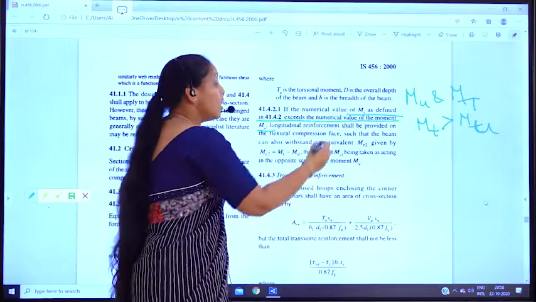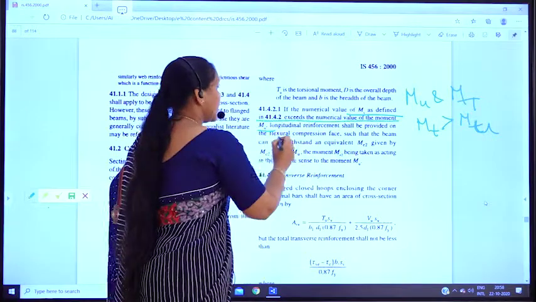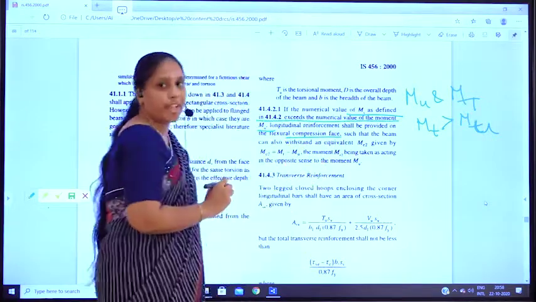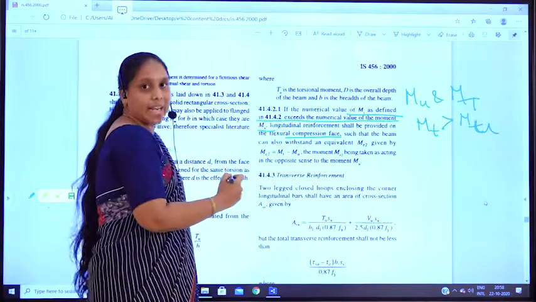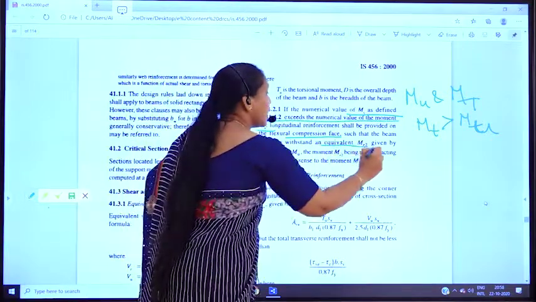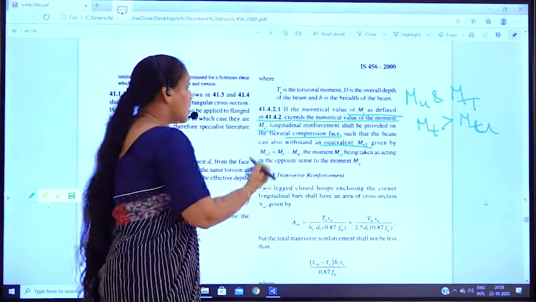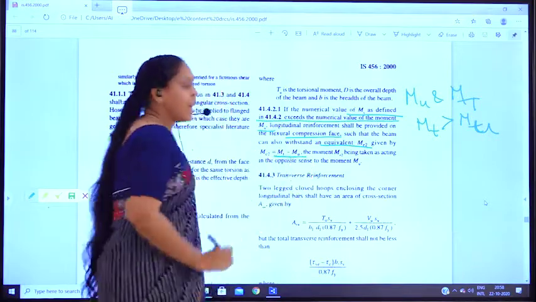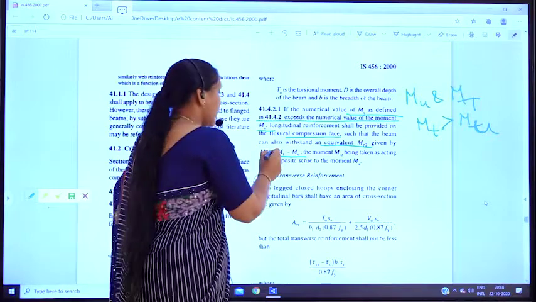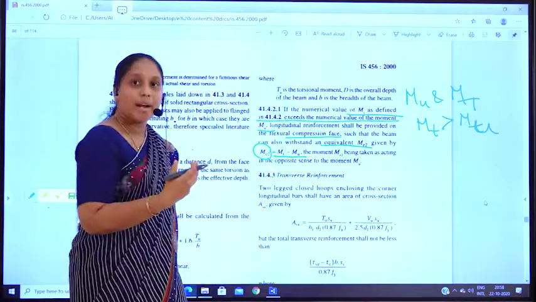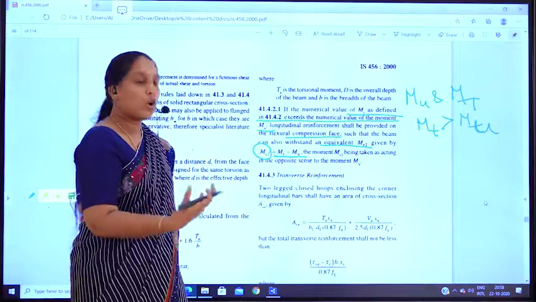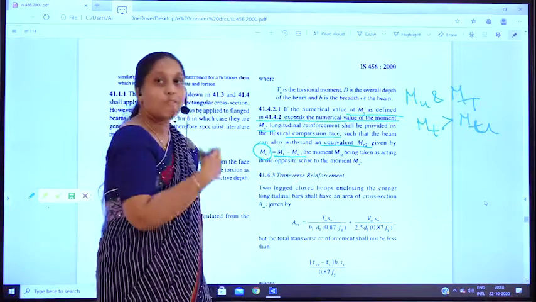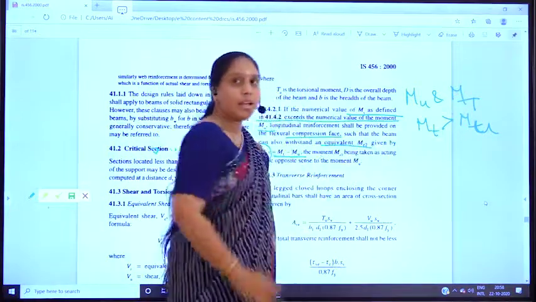We have to provide the reinforcement in the compression phase also, so that it can withstand an equivalent moment of ME2, which can be calculated by MT minus MU. So for this particular moment, we have to provide the additional reinforcement in the compression zone when MT is greater than MU.